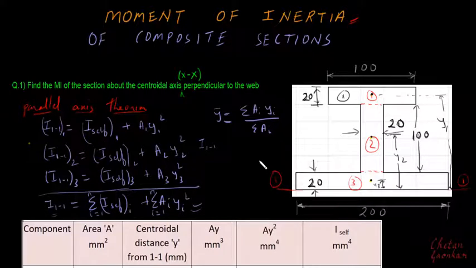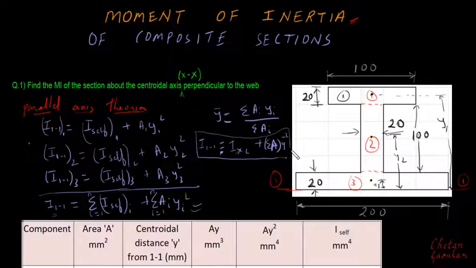This will be equal to Ixc, that is the moment of inertia about the centroidal axis of this I section, plus the total area of this I section multiplied by y bar square.